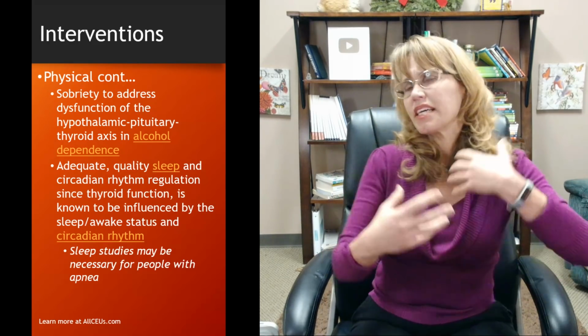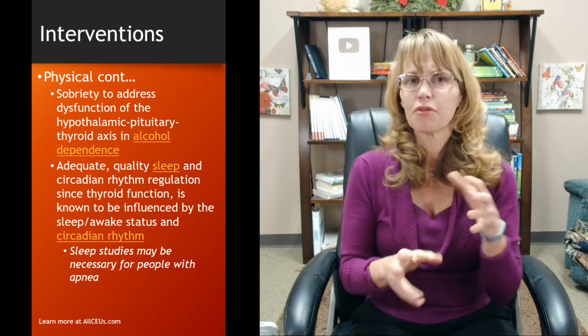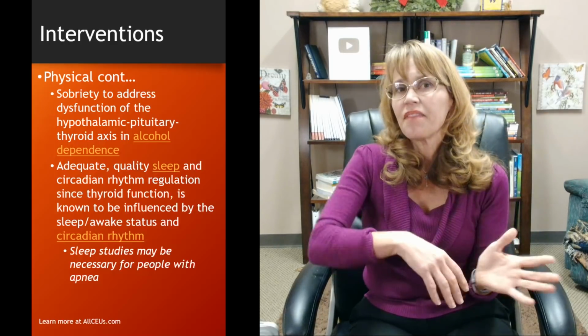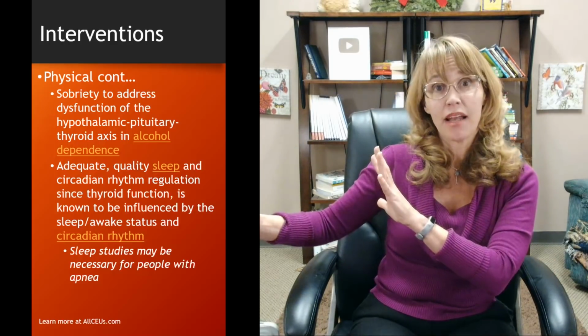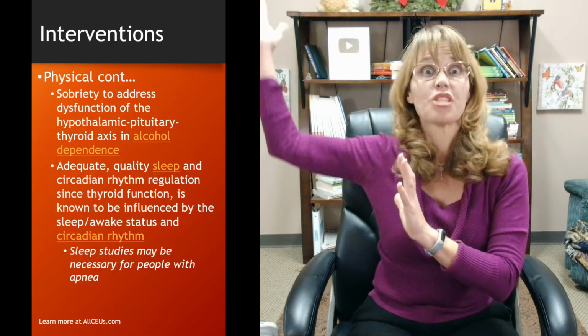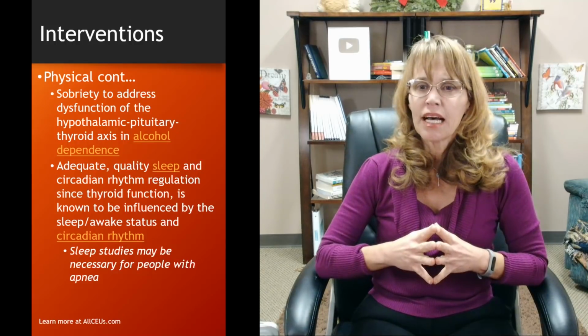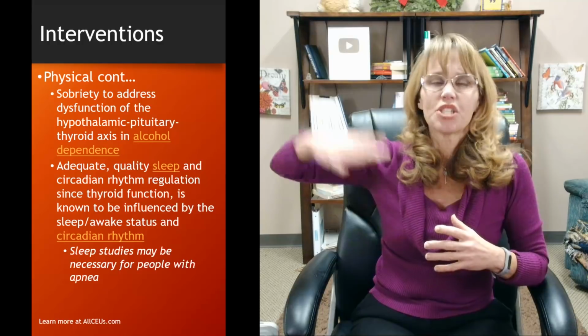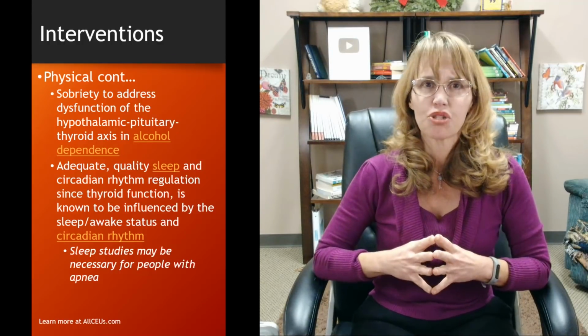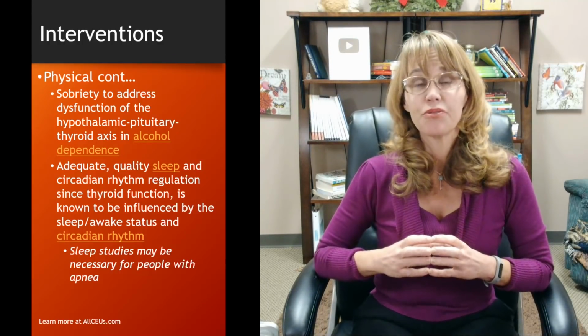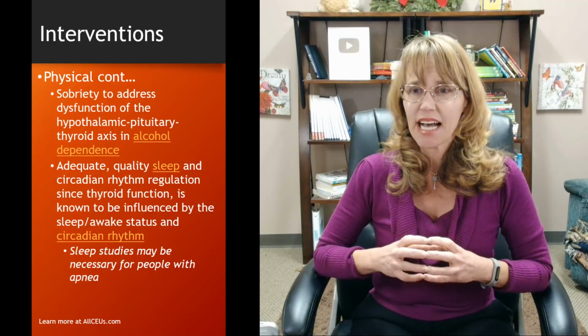They drink, they feel that depressant effect, they may feel relaxed for a little bit, and then as the alcohol leaves their body, it triggers the stress response. So that habitual triggering of the stress response can lead to dysregulation of the HPT axis.